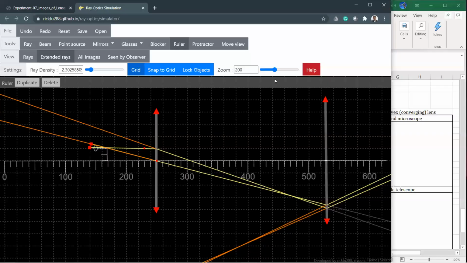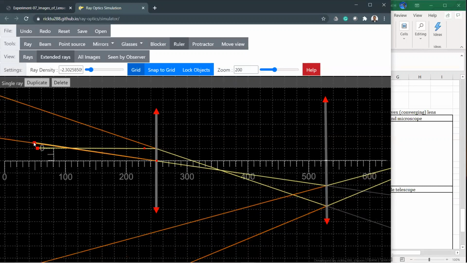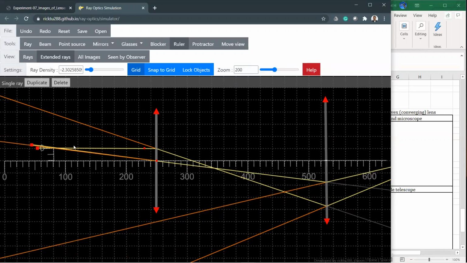Okay, let's say this object is about 80 squares away from the lens, with the parallel ray and the secondary ray. Now you can see the image is about right here, very small.